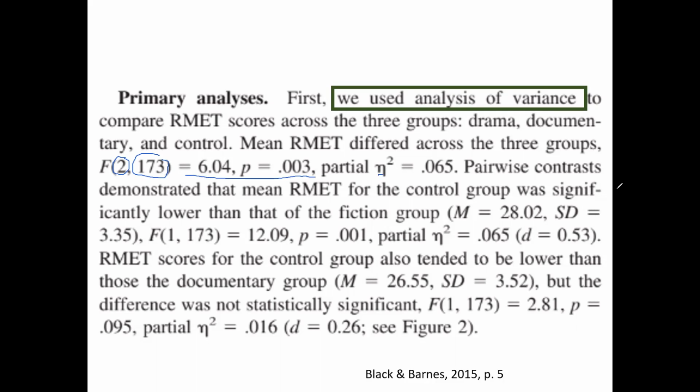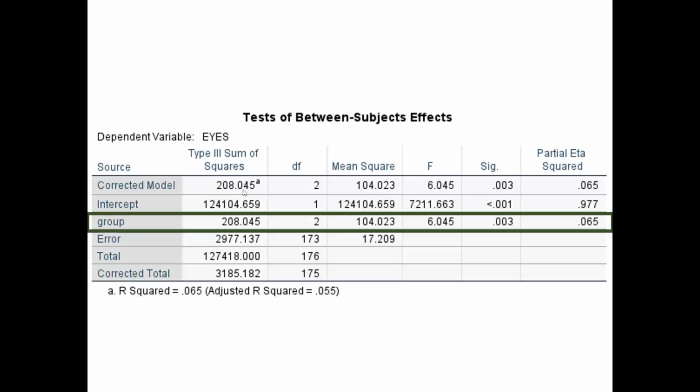Pairwise contrasts, that's what you look at next to see if there are any differences between the individual groups, demonstrated that mean RMET for the control group was significantly lower than that of the fiction group. RMET scores for the control group also tended to be lower than those in the documentary group, but the difference was not statistically significant. So that is actual real-life use of ANOVA. And you'll notice all those values are just taken out of that table.